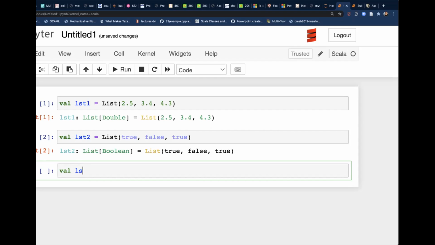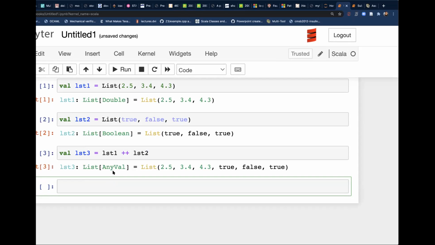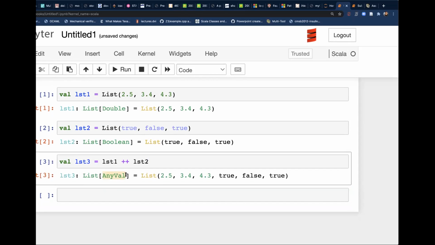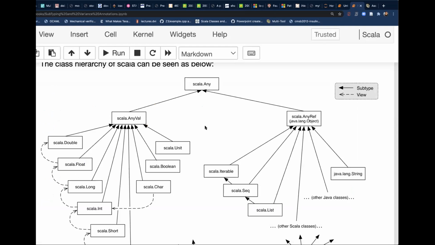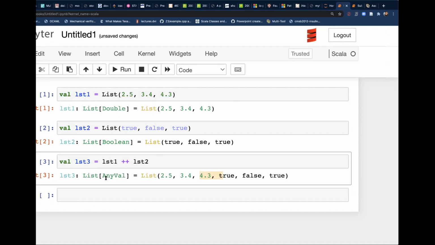You can do val lst3 equals lst1 ++ lst2. And here's what you find: it's a list of AnyVal. You can put 2.5, 3.4, 4.3, true, false, true in the same list, except that it's no longer a list of double or a list of Boolean, but a list of double union Boolean. And the union type, if you look at this chart, of a double and a Boolean is an AnyVal. So Scala infers lst3 to be a list of AnyVal. This is where union types come into Scala.